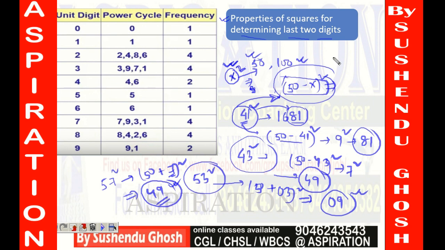In the same way, 87, which is almost close to 100, will have the same last two digits as 100 minus 87, meaning 13 square. So 87 will have last two digits 69, because 13 square is 169 and the last two digits are 69. I hope this is clear.